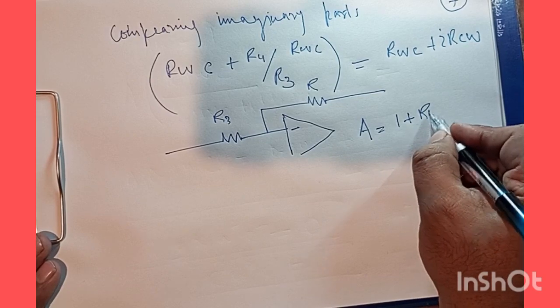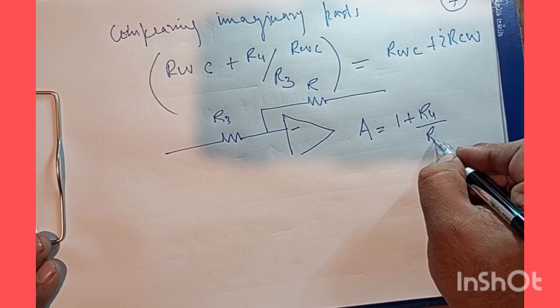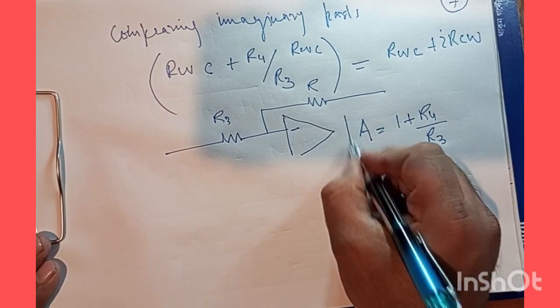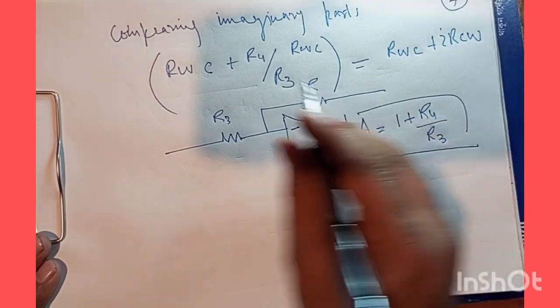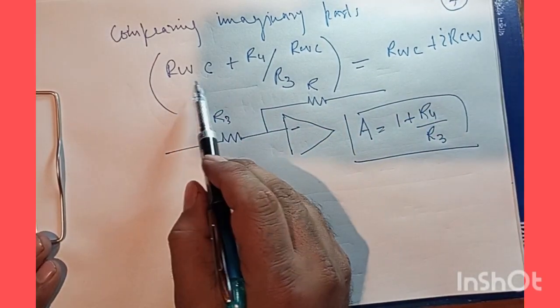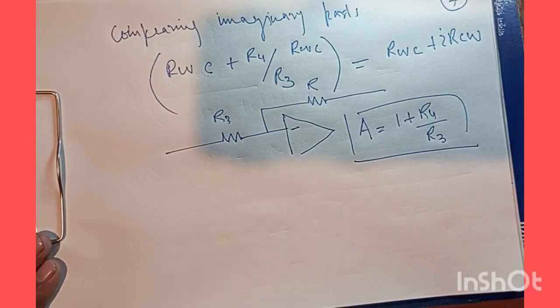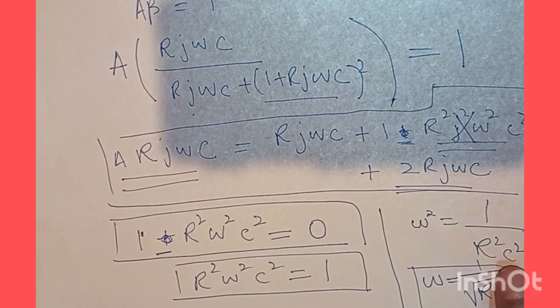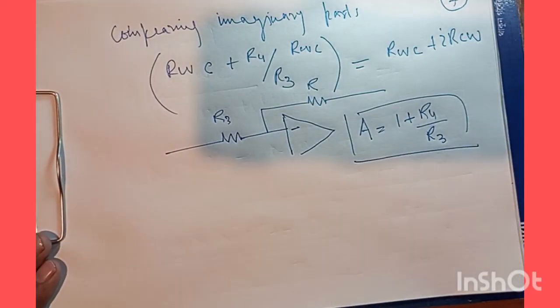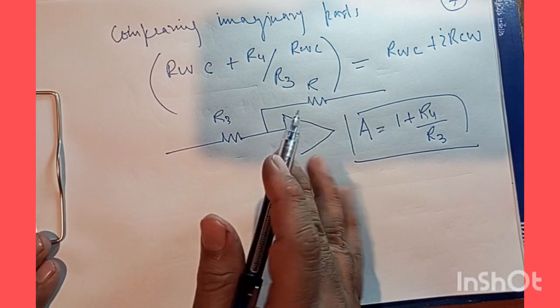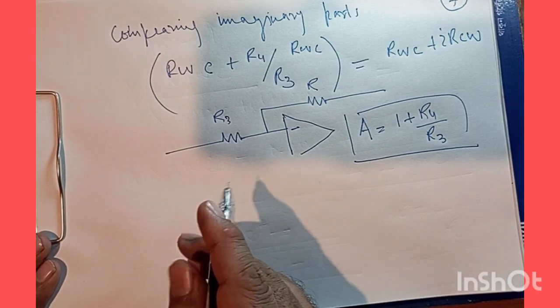Now RF is here R4 and RI is here R3. So this is why you are able to see this. So I have used for A equal to 1 plus R4 by R3. So this is how the equation has been compared, and from here now things can be simpler.